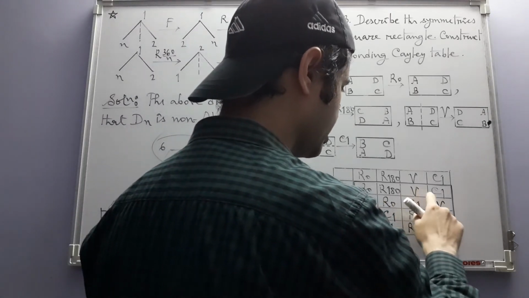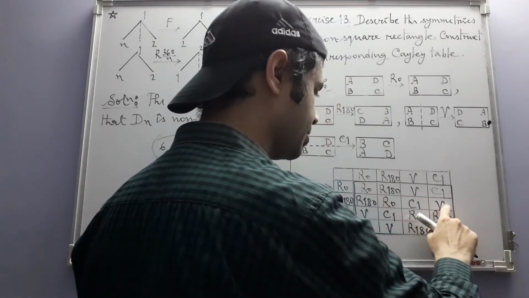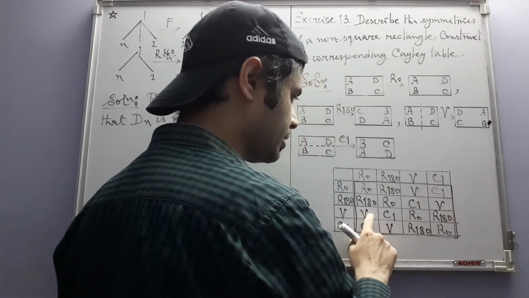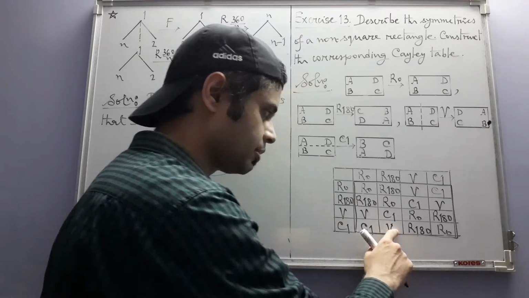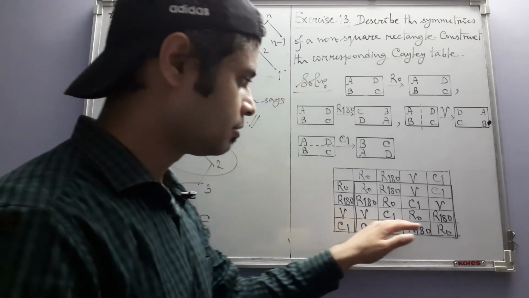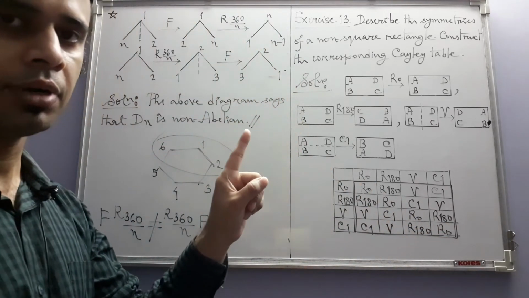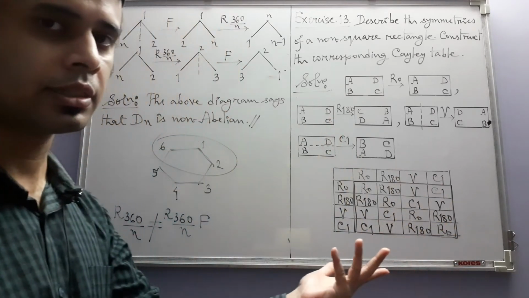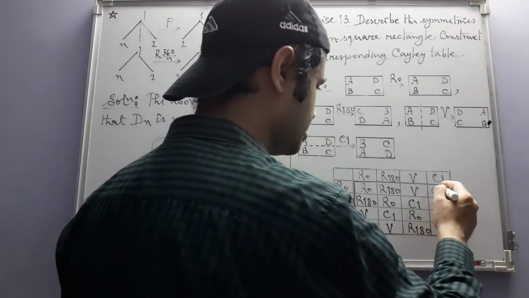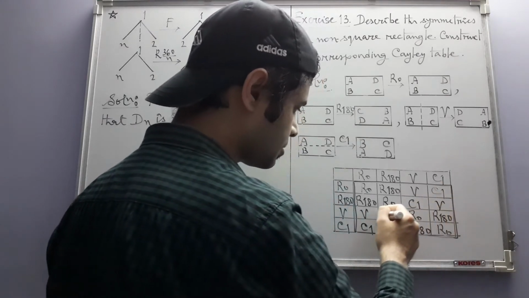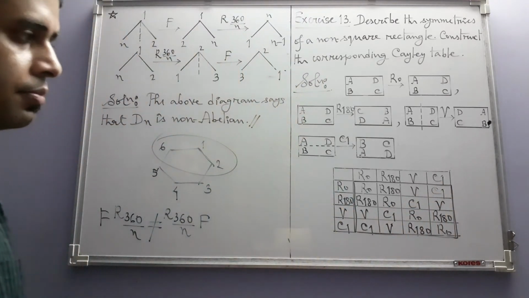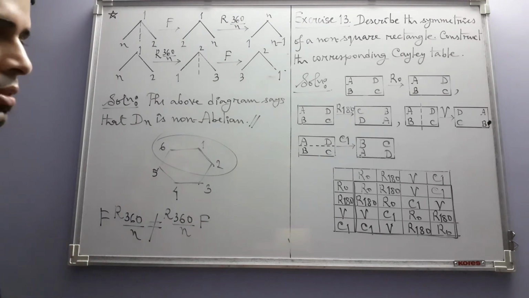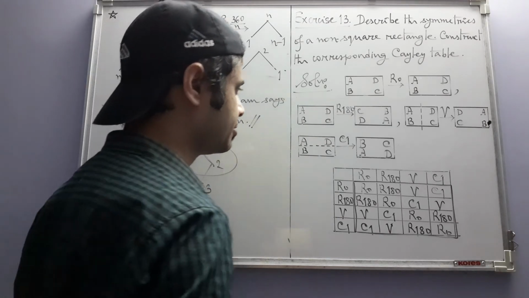V appears here, and then in the second row it appears here, in the third row it appears here, and in the fourth row it appears here. So in every row there is exactly one V, and consequently in the columns also the same thing is true. And finally C1 occupies these positions. Okay, so there is no problem with that.